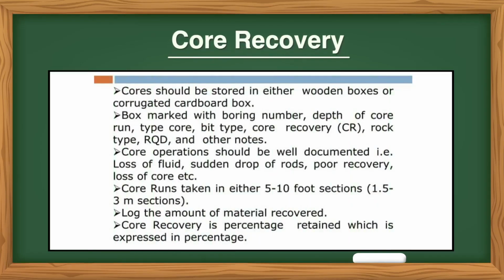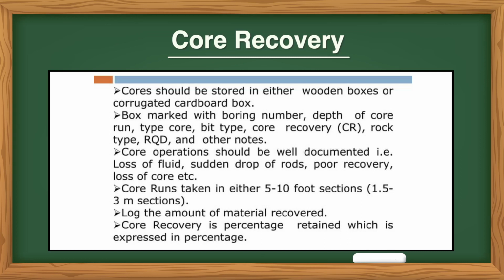Next is core recovery. Core should be stored in either a wooden box or corrugated cardboard box marked with boring number, depth of core, run, type of core, bits, core recovery, rock type, RQD and other notes.